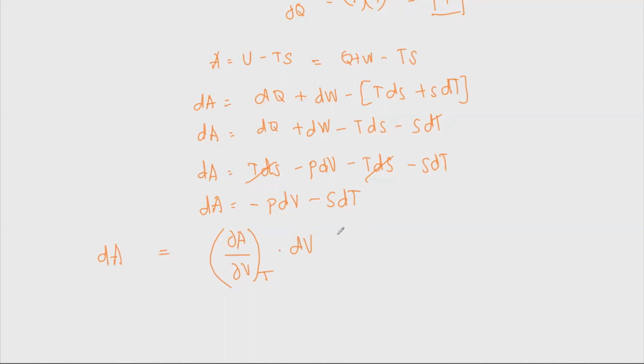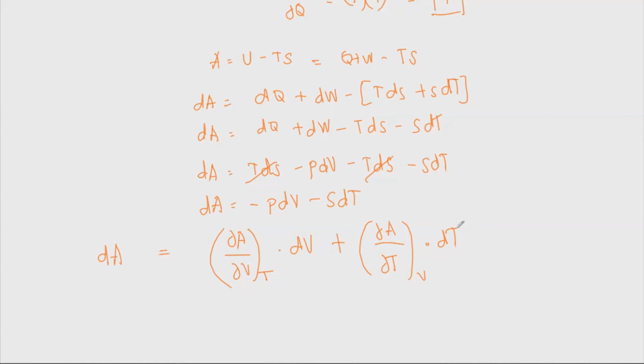And then we could also add, you can also use subtraction, it's just the same way. If we do negative here, then that's just the same as doing plus and minus. So if we continue, the total differential in terms of partial derivatives will be plus the partial derivative of A with respect to T at constant volume, multiplied with dT.